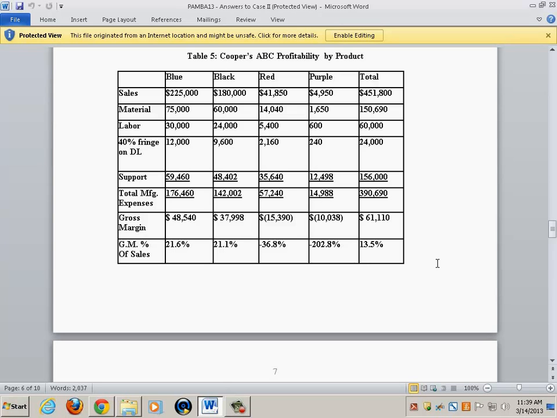It clearly is a product that is not profitable. If we phase them out, we increase profit. But the other products are blue. Okay, that's one. Any other?